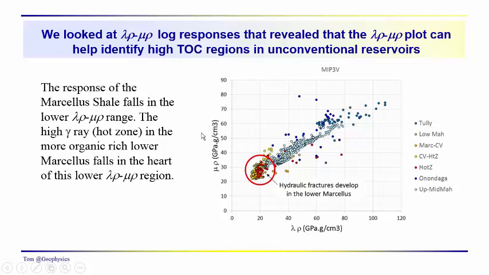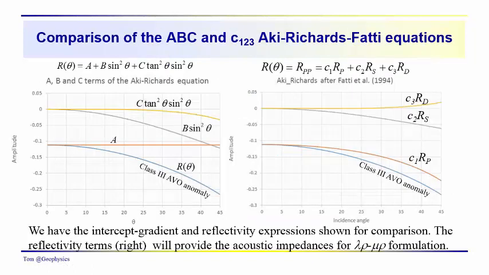So that's a motivation for us: to extract these values so that we can come up with information that will help us target the TOC-rich zones within the unconventionals that we're interested in exploring further.